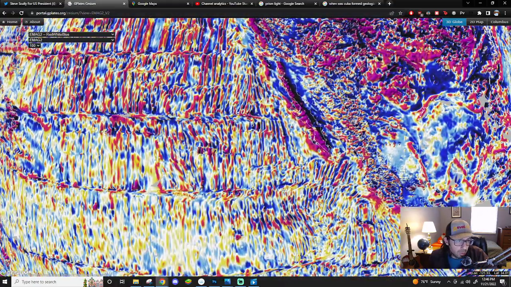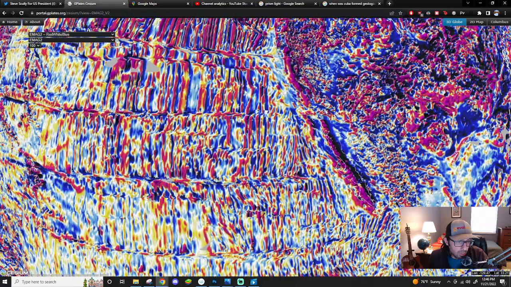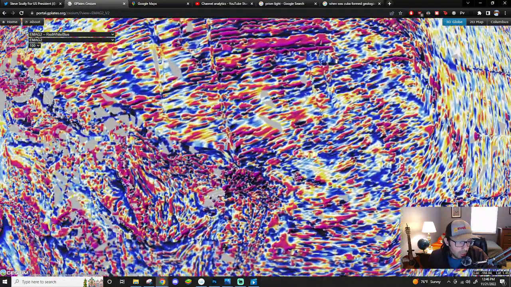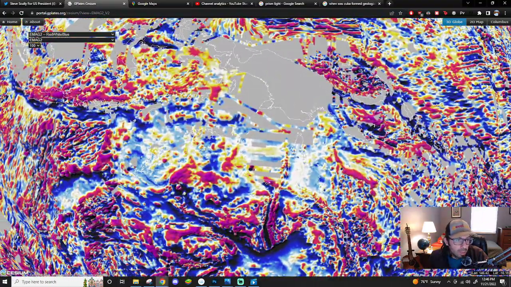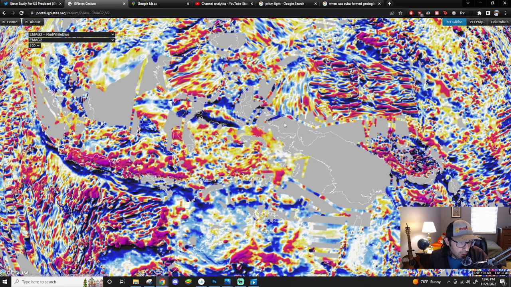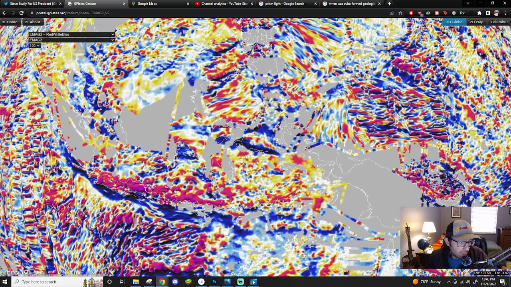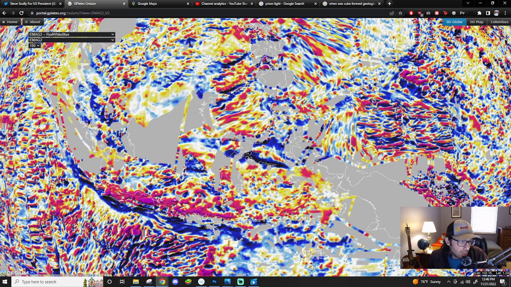Maybe this is participating in the boundary of Papua New Guinea, along this side. It's coming out through there in some way. Maybe even actually here.